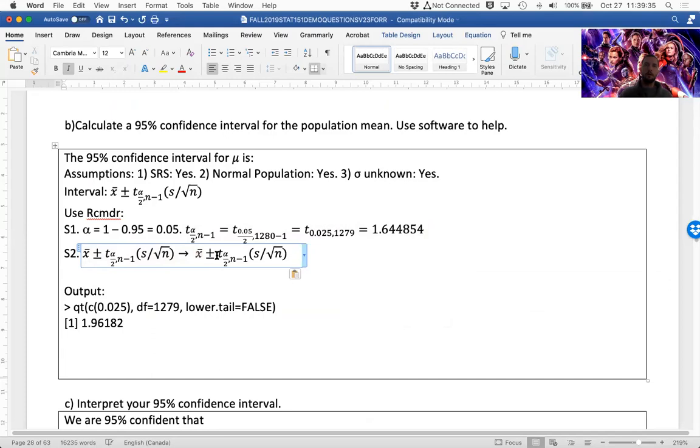So X bar is going to be 18,900. Plus or minus, and then here we're gonna have our t value, which we worked out to be 1.96182.